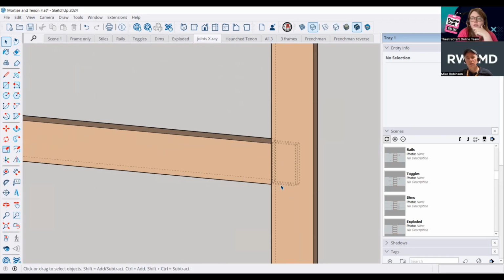I think generally in the industry, a stub tenon is one you've cut even shorter. But that is one of the interesting things about woodwork, everyone's got different names for things and different definitions, but by definition, yes, that is definitely a stub tenon. So well done.